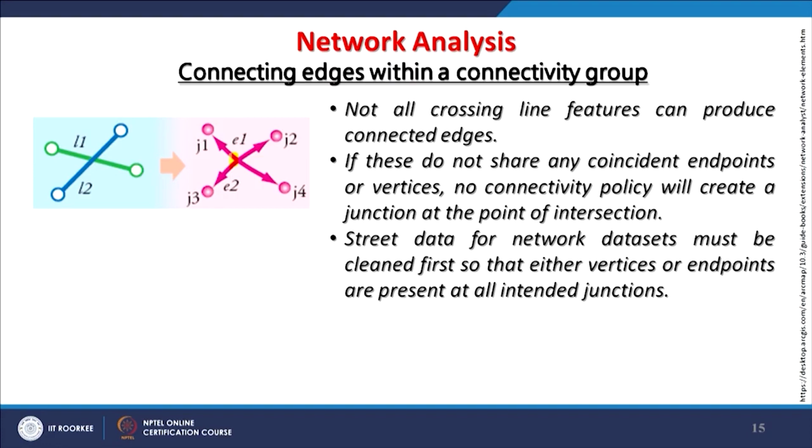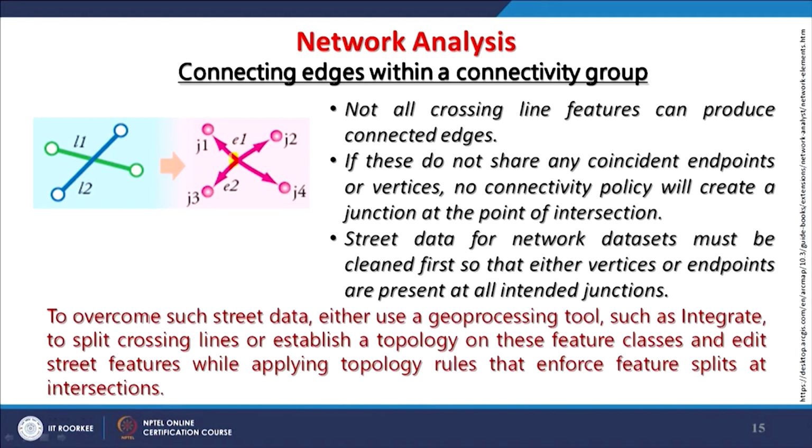So, if it is not, then it has to be organized first, and only then can any kind of modeling or operations start. And to overcome such street data problems, either use a geoprocessing tool in GIS, like those available in ArcGIS, which can integrate to split the crossing lines, or establish a topology on these feature classes and edit street features while applying topology rules that enforce feature split at junctions.